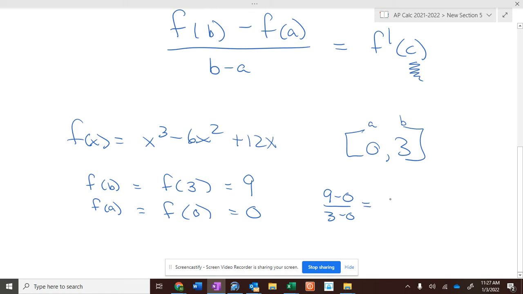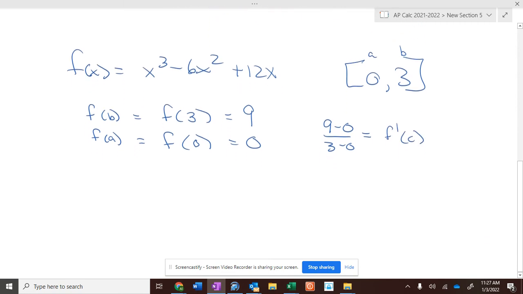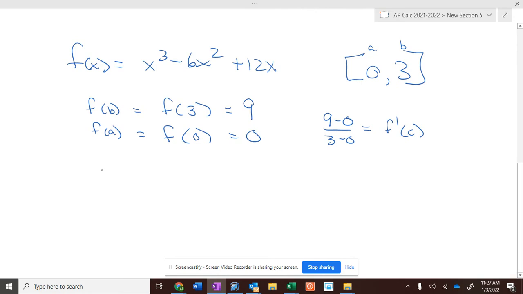equals the first derivative at c. So what's 9 over 3? 3. So 3 is equal to 3x squared minus 12x plus 12. Now we have to solve for x. How about we subtract 3 from each side?